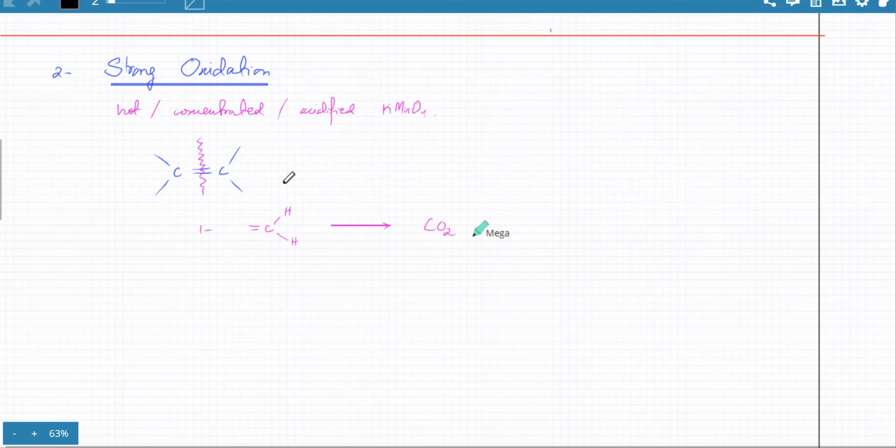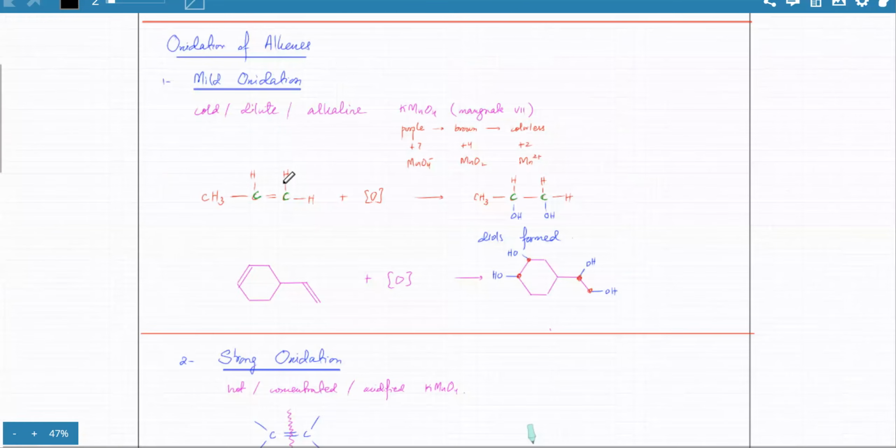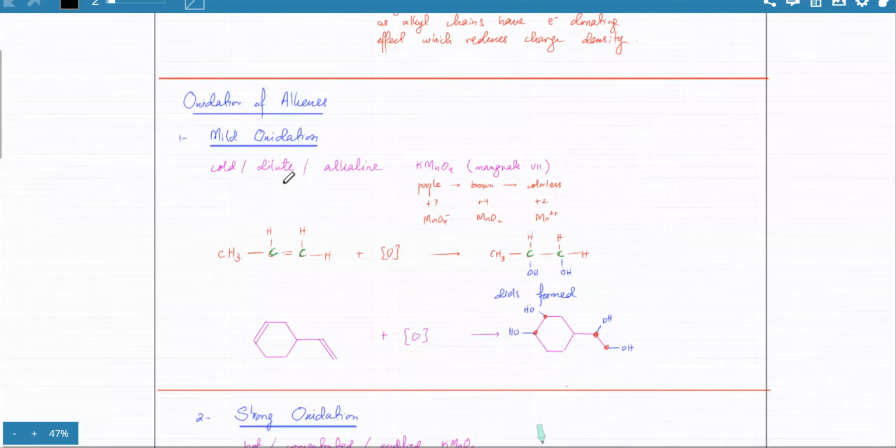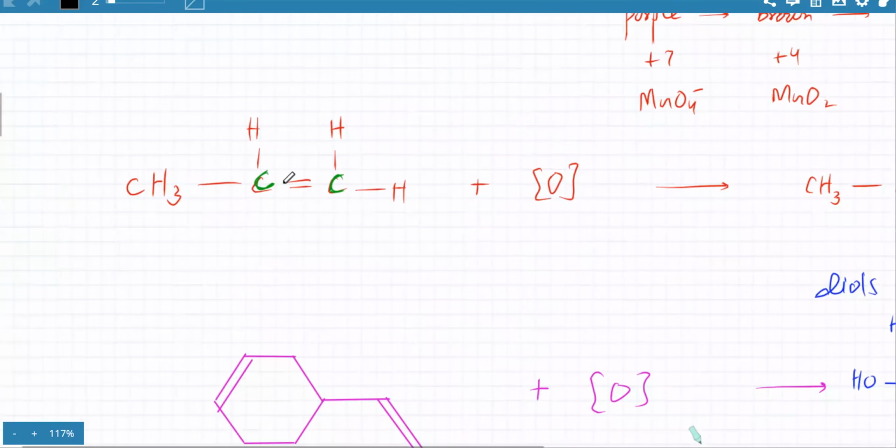Sir, can you repeat this? Can you repeat that the double bond breaks and then what happens? Whenever, for example over here, in this case the double bond is going to completely split or break in the middle, and the molecule would split. So does that mean it turns into a single bond?